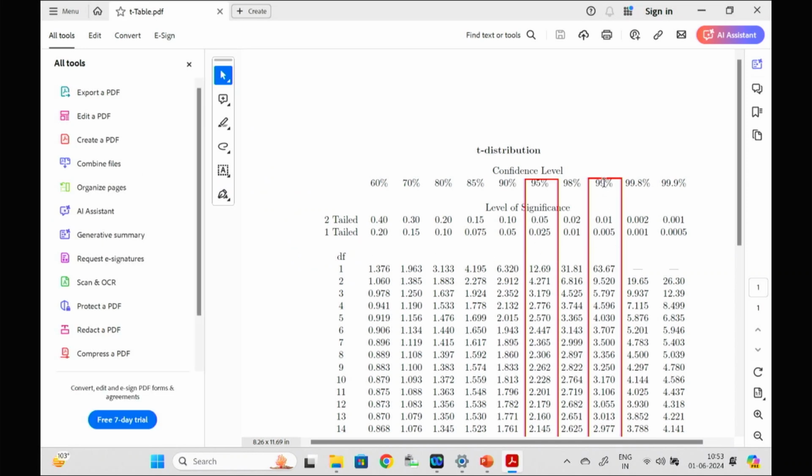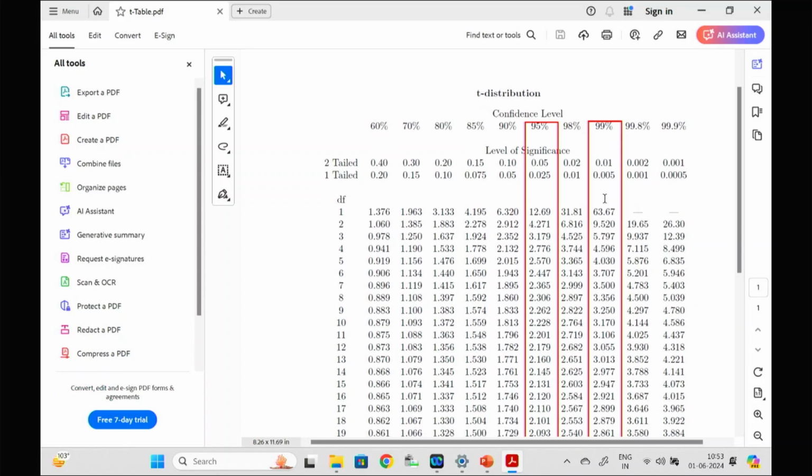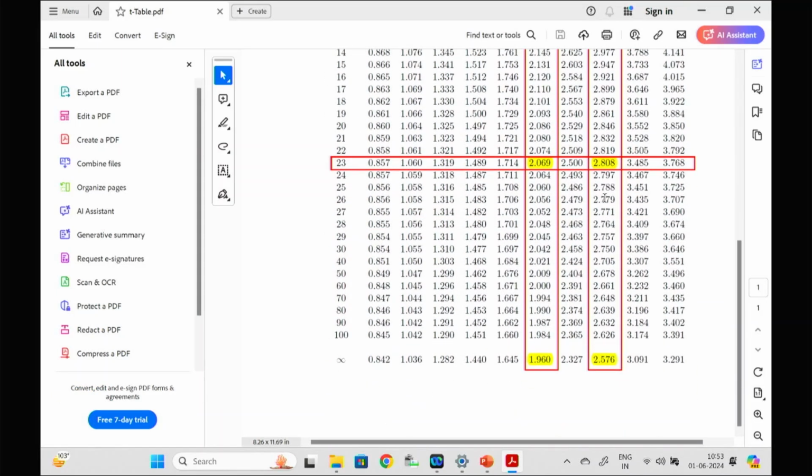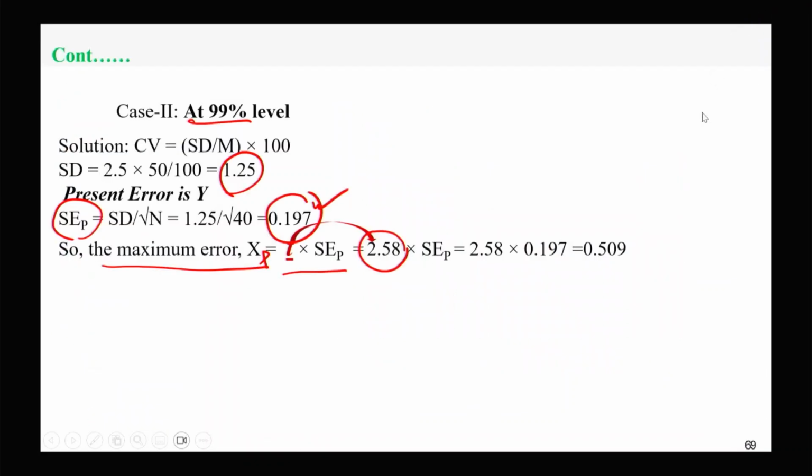It is 2.576, typically around 2.58. So we considered 2.58, and the error is 0.502.